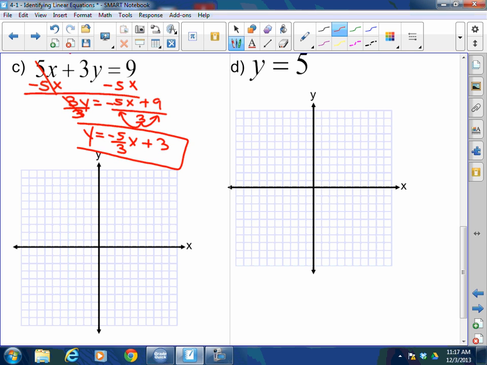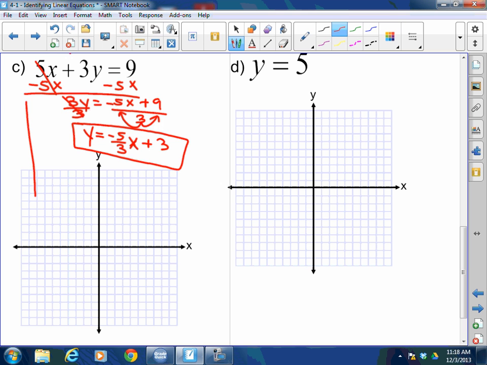That is solving for y, guys. Do you see the difference here? You cannot do negative 5x plus 3 over 3. No. Thank you very much.